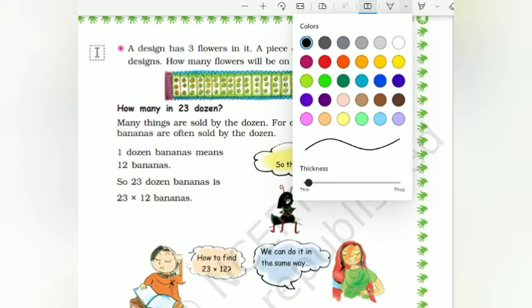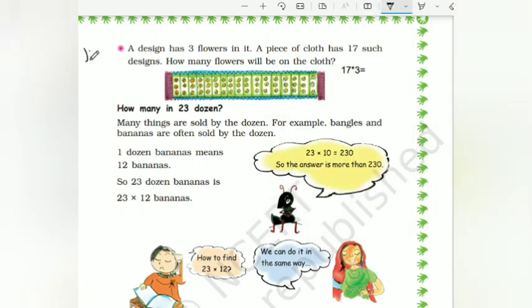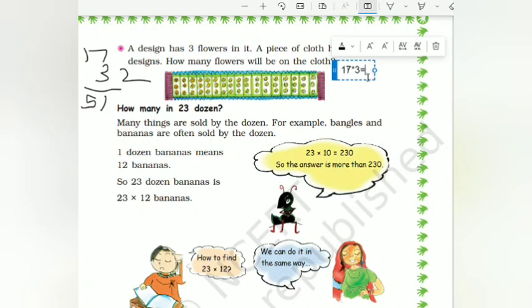So altogether how many flowers will be there? 17 designs are there, multiplied by 3. 7 multiplied by 3, 21. 1 balance 2. 3 into 1, 3 plus 2, 5. So 51 flowers will be there in this cloth. Okay. 51 flowers.